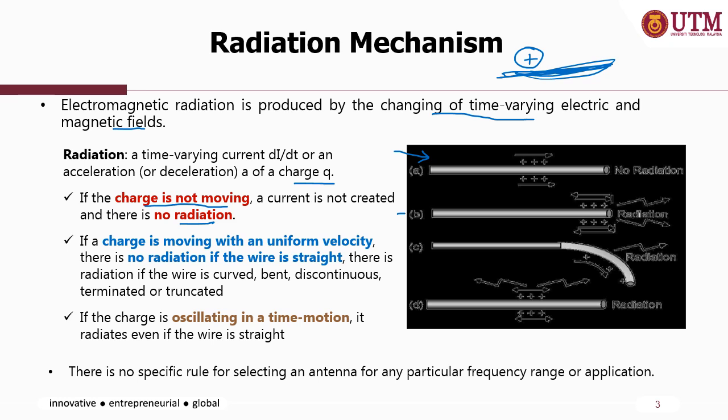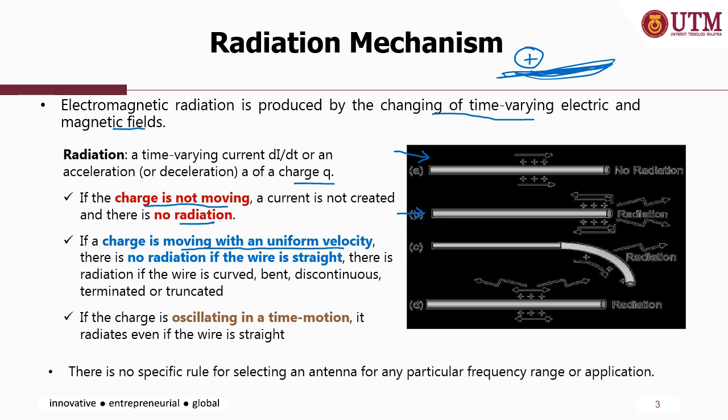However, for the same structure, if there's charge moving but with uniform velocity, still there's no radiation if the wire is still straight.